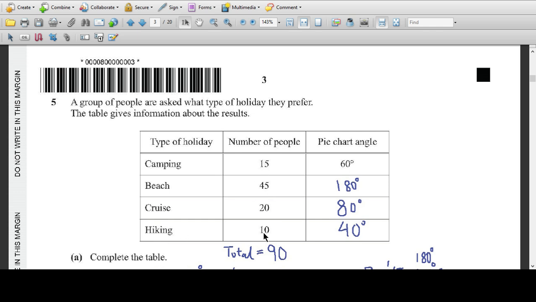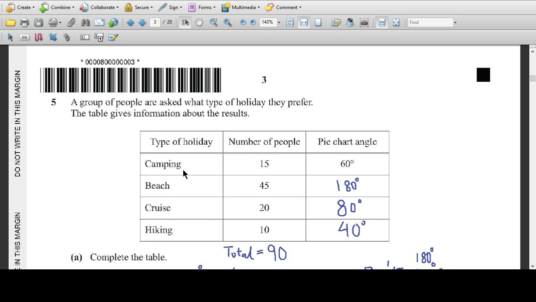So we add all these: 15 plus 45 is 60, plus 20 is 80, plus 10 is 90. So the total number of people asked is 90.